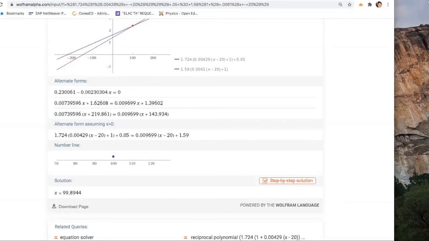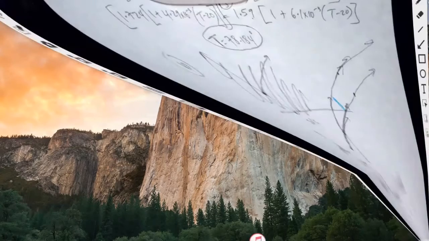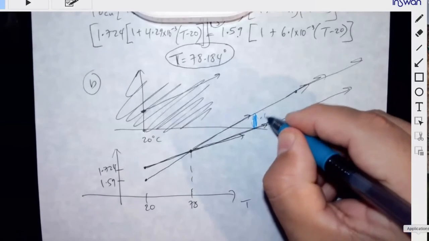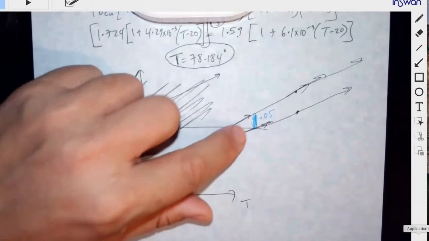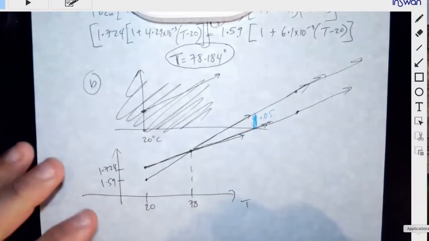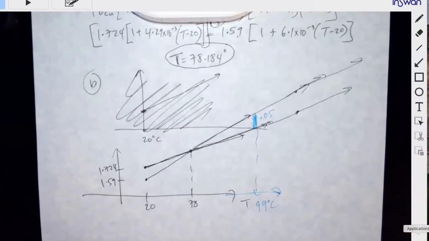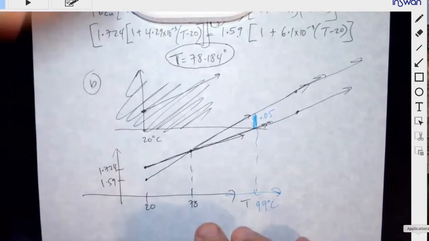So in this case, you want the difference of the two to be 0.05. Not so much that it's this to some power, but just the difference of the two graphs. At 99 Celsius, that condition will be satisfied. So you can put any kind of condition there and solve for it, but not all the time are you going to find real solutions.